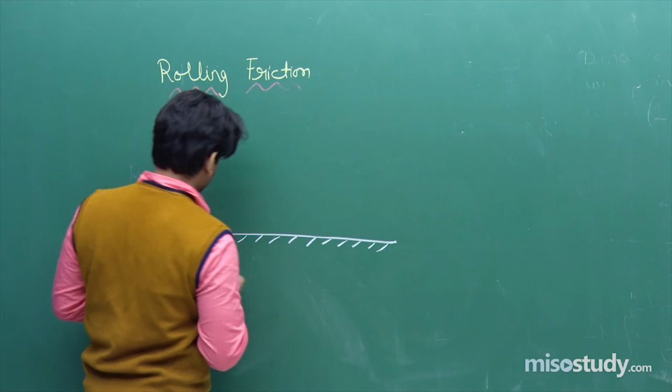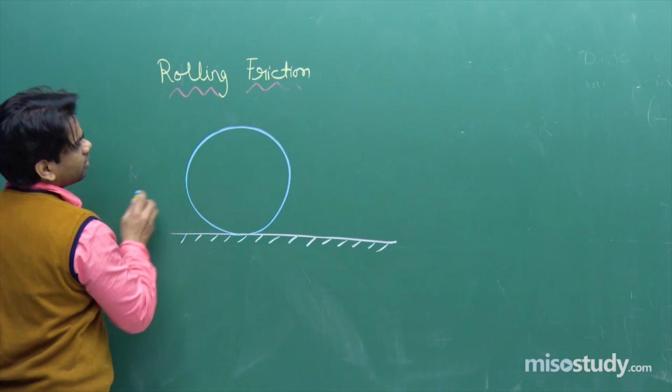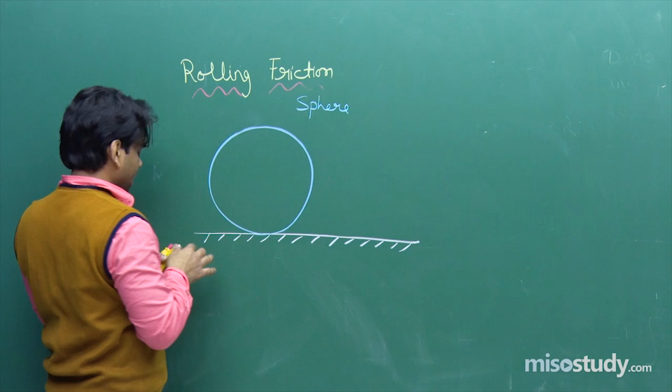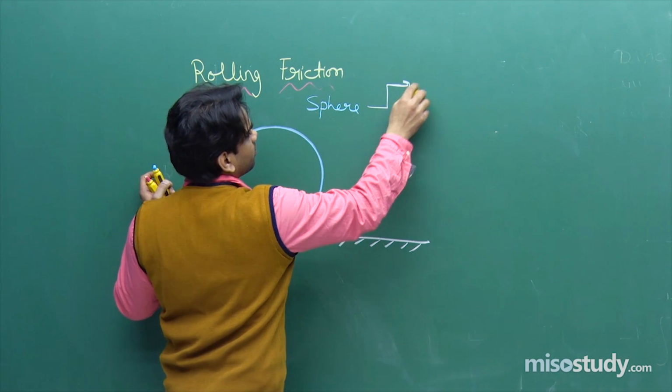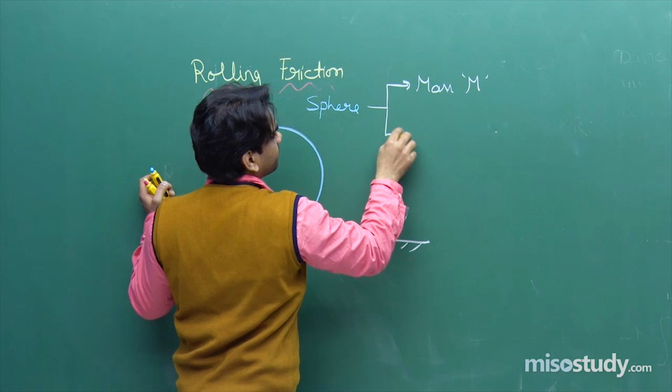So I'm going to give you an example. Imagine this sphere of mass m and radius r.